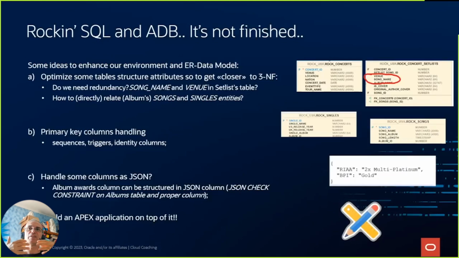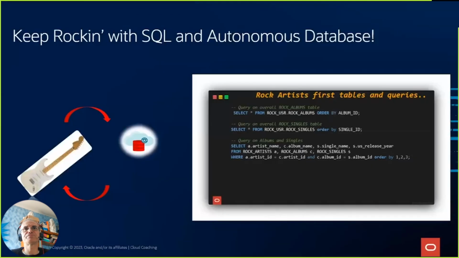For example, this kind of description can be: I have an award for this album, and I have a description of this award. The RIAA has been won as multi-platinum twice for Jimi Hendrix in a given album, or for Led Zeppelin. And then I would say at the end also, let's dive into the low-code application development environment and build an Apex application on top of it once we have deployed our data into autonomous database.